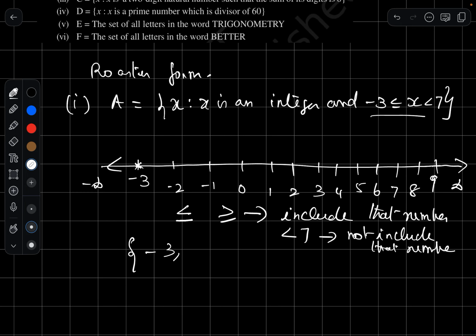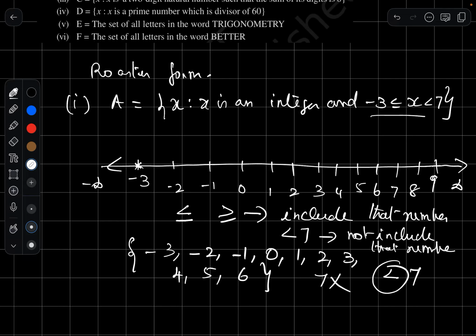So what are the elements you will list? Minus 3, minus 2, minus 1, 0, 1, 2, 3, 4, 5 and 6. Do we have to include 7? No, 7 should not be included since your symbol is less than 7. So you are not including 7. This is how you are going to write the roster form.